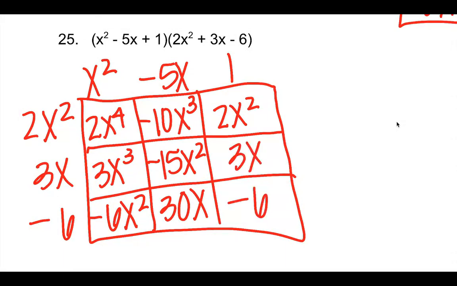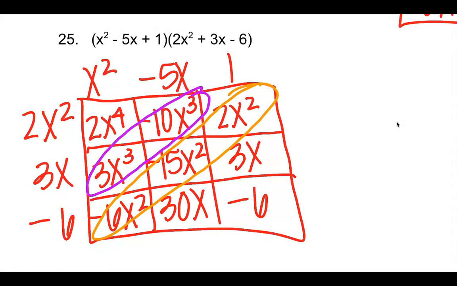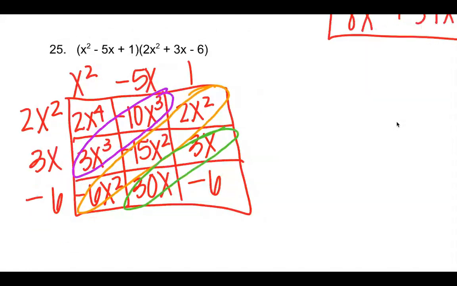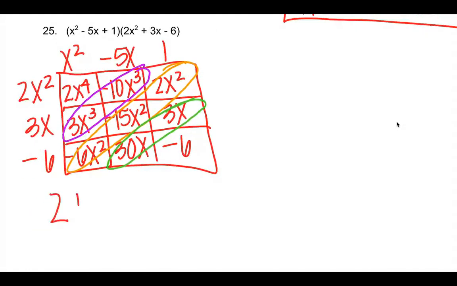Then we get to start simplifying x cubes, x squareds, and x's. And again, the top left and bottom right, I don't really need to touch. So I've got 2x to the fourth. 3x cubed minus 10x cubed is negative 7x cubed.